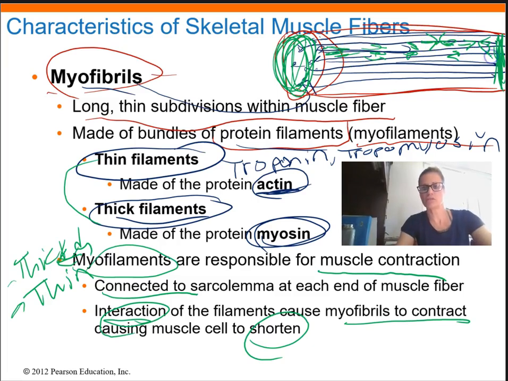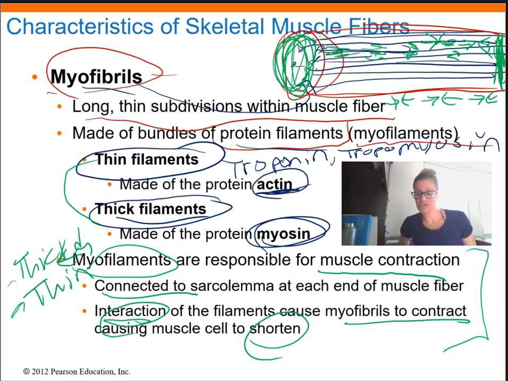Everything pulls in towards itself. So everything is shortening like this. You can imagine that the whole muscle fiber would shorten. If this last part sounds like gibberish right now, don't worry about it. Just kind of giving you a sneak peek. We'll talk about the actual process a million times by the end of this, and it will all make sense.